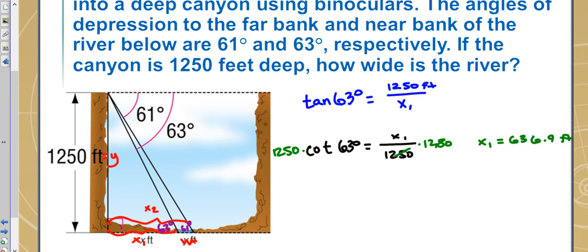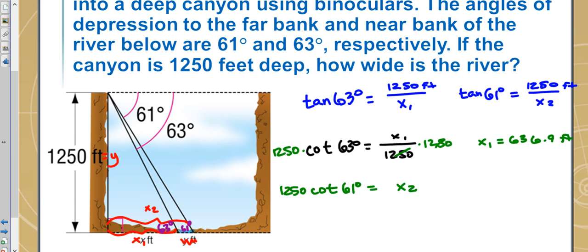Okay, and we'll basically do the same thing for the other length. We would say that tangent of 61 degrees would equal 1250 over x2. So it's basically the same thing, except we're now changing to the 61 degrees for this bigger triangle. Which means I'm going to end up doing 1250 times the cotangent 61 degrees to find my x2.